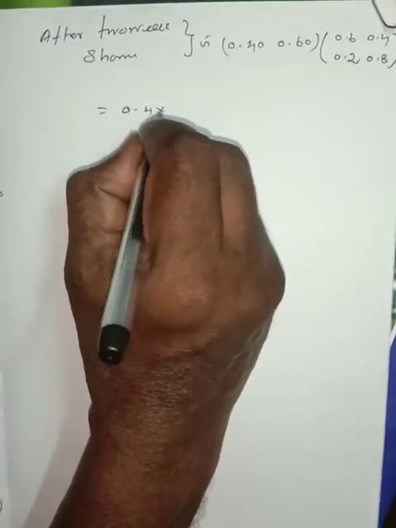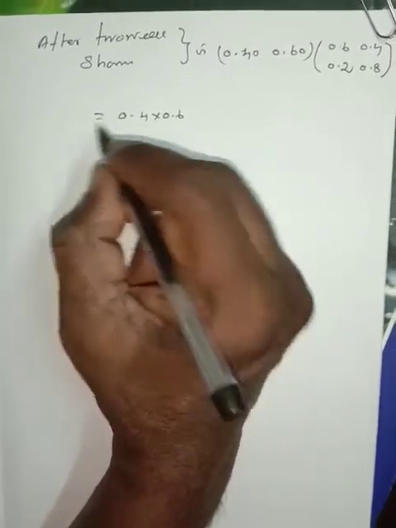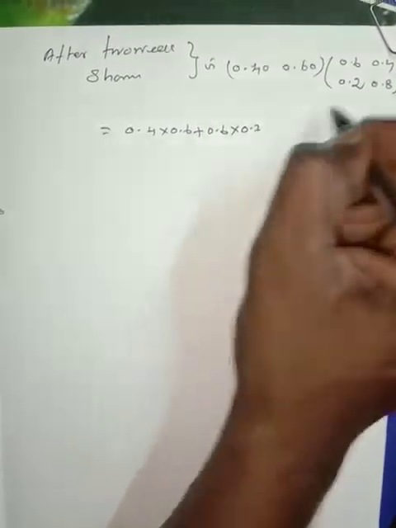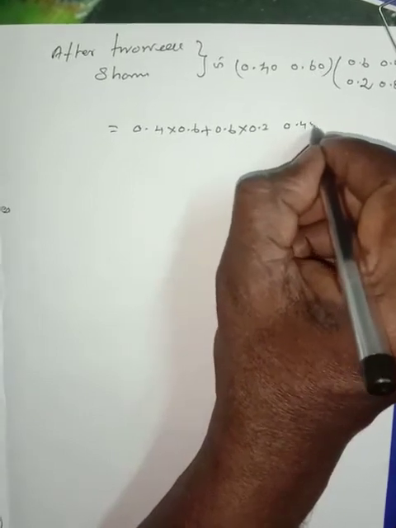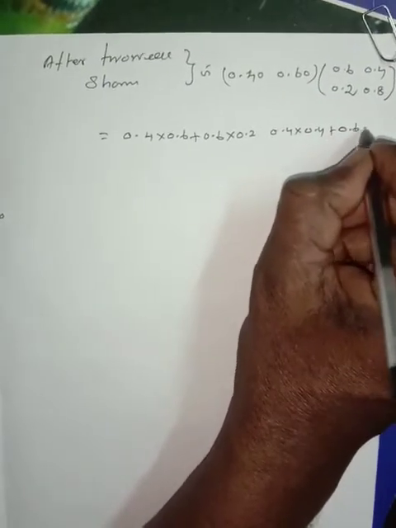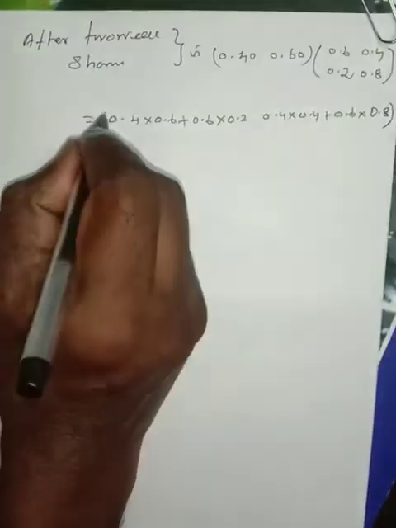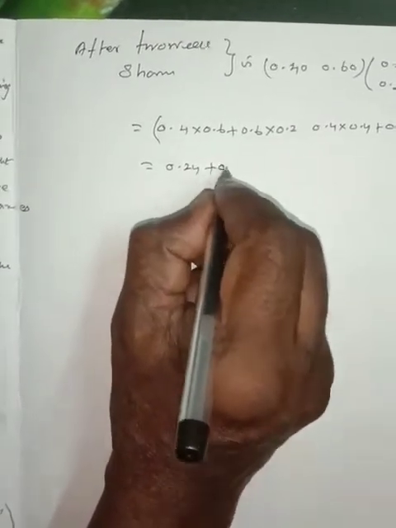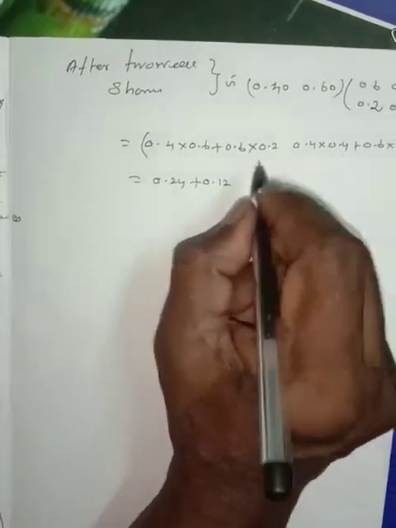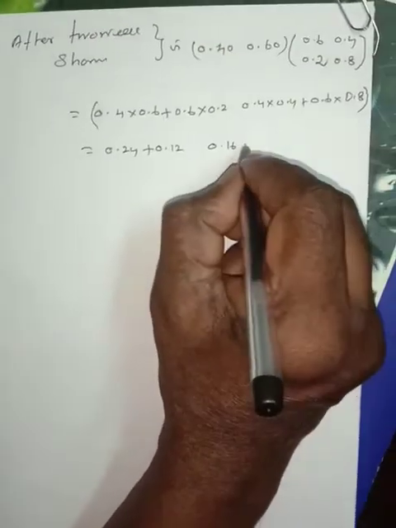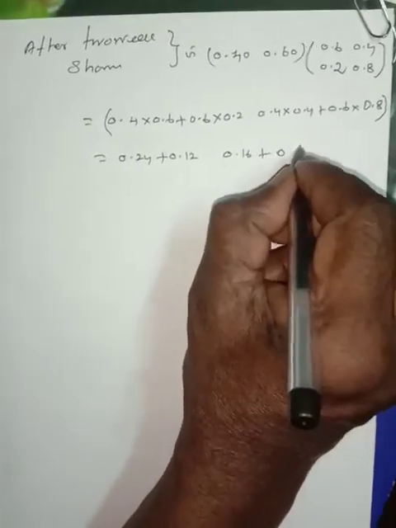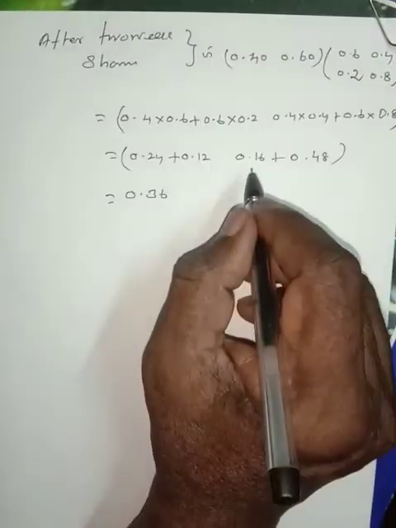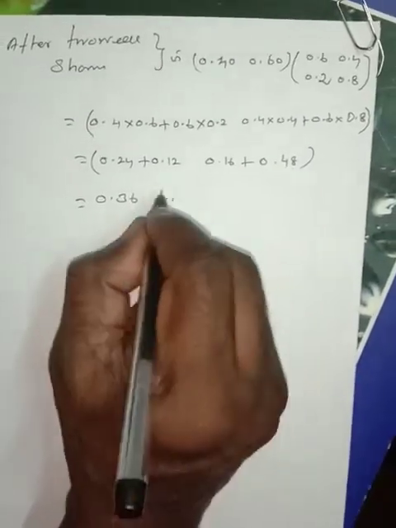0.4 into 0.6 plus 0.6 into 0.2, next 0.4 into 0.4 plus 0.6 into 0.8, is equal to 0.24 plus 0.12, 0.16 plus 0.48, is equal to 0.36, 0.64.